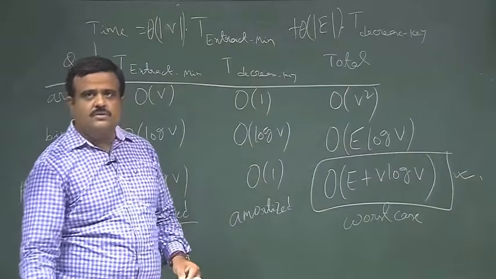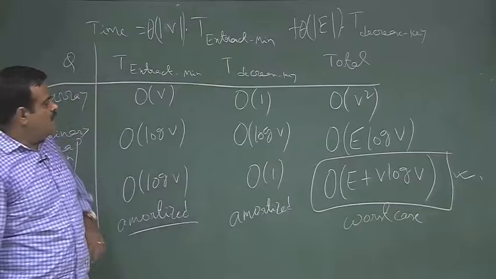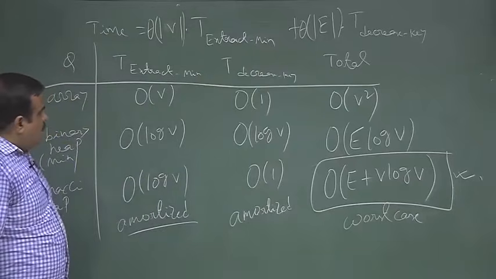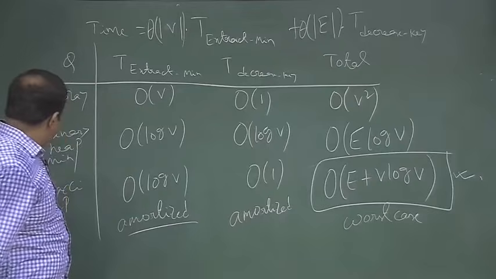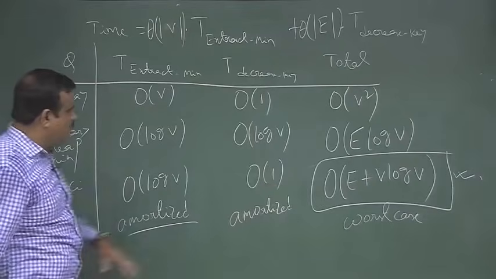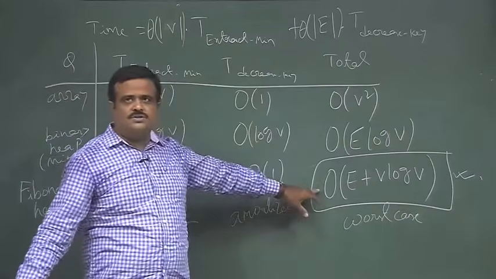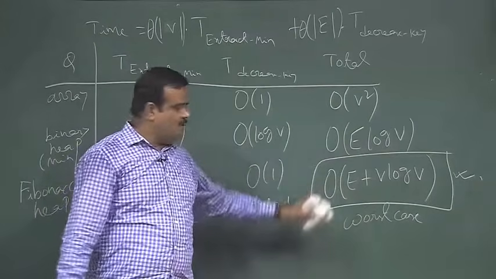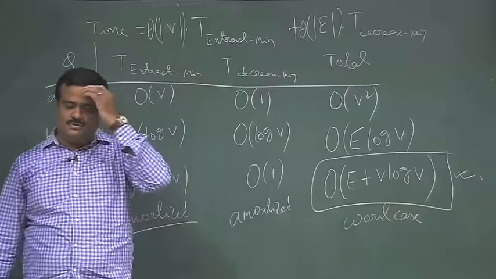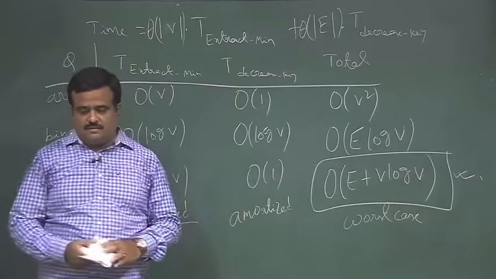Okay. So, this is the analysis of Prim's algorithm, depending on the data structure. If we use the Fibonacci heap, the amortized cost in the worst case is order of E plus V log V. This is the best we know for Prim's algorithm.